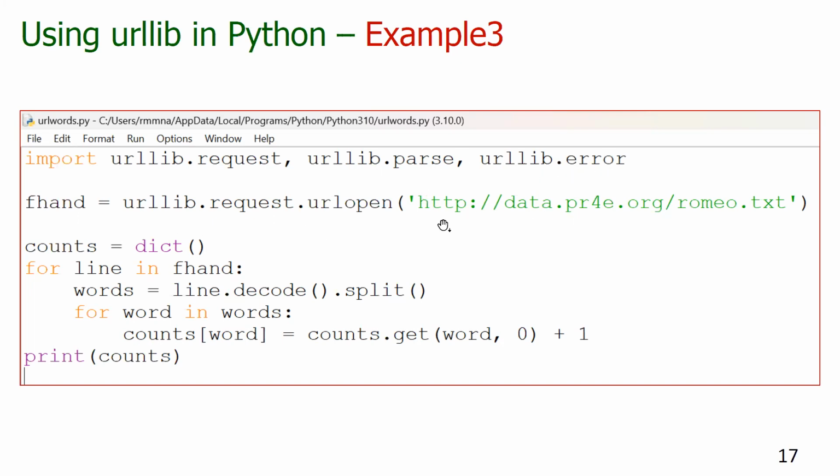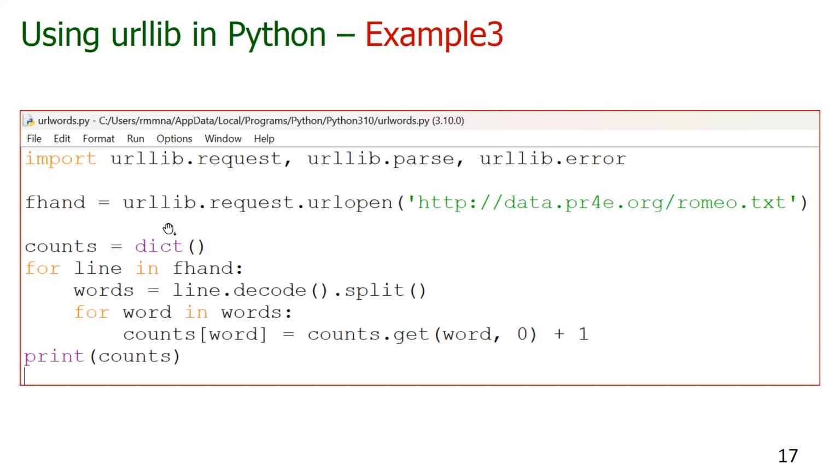The same URL we have taken, that is opened using urlopen, data.pr4e.org/romeo.txt. Here we are splitting that data into a dictionary, along with key value pair combination, along with their counts, word wise how many times it occurred.